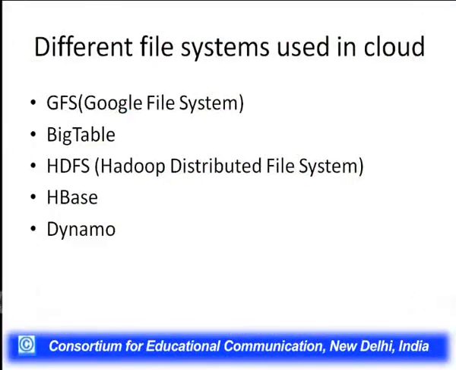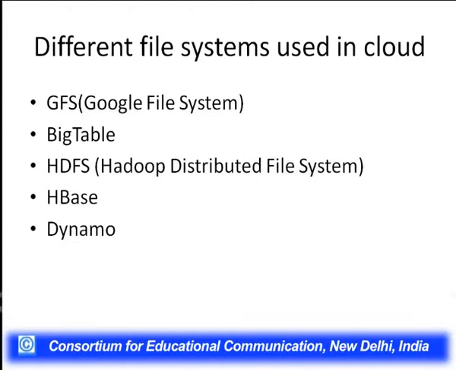So we talked about what the different file systems are, what a cloud file system looks like, what a distributed file system is, what kind of data should be stored, and what the data problem with cloud is. On the basis of this, we have different file systems which are being used in cloud at present. One is Google file system, which is being actively used.